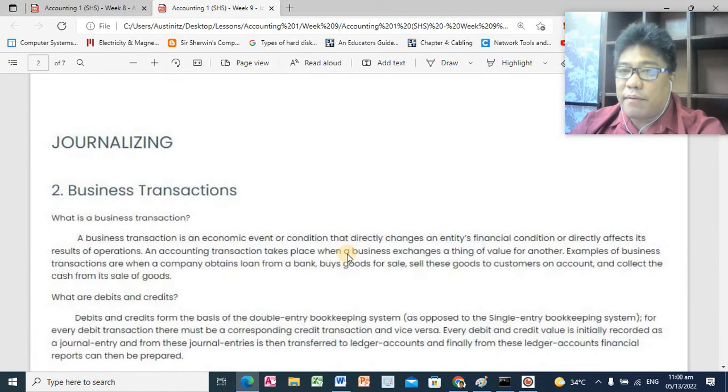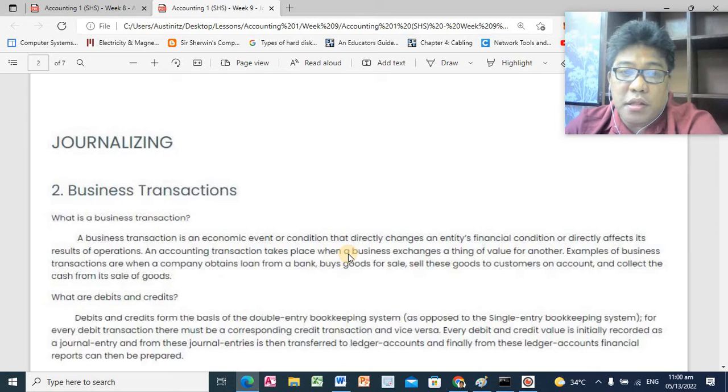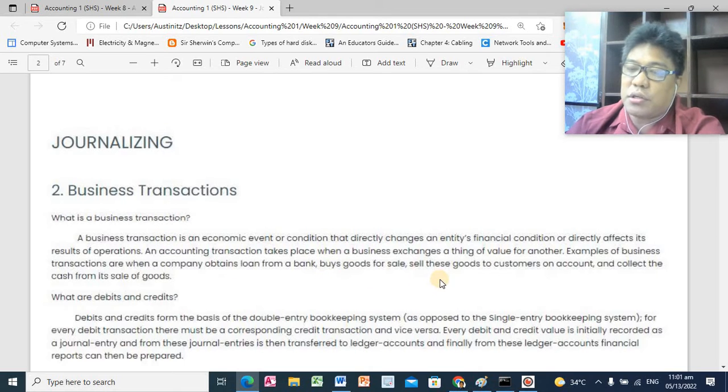So first we need to analyze the business transaction before we create our journal. So what is a business transaction then? A business transaction is an economic event or condition that directly changes an entity's financial condition or directly affects its results of operations.